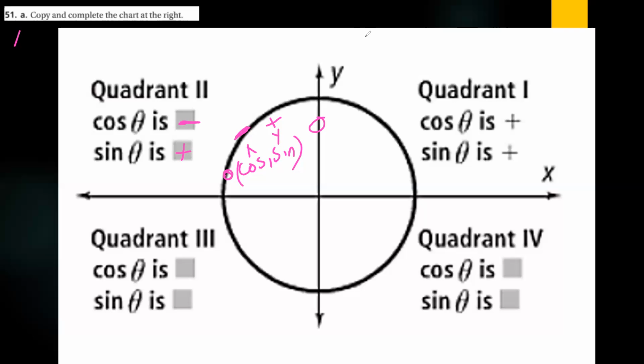Now let's go to quadrant 3. In quadrant 3, we have the same coordinates here. We have -1, -1 as an example, for x and y. Now x is negative and y is negative. So x is cosine, y is sine. So in quadrant 3, both the cosine and the sine are negative.